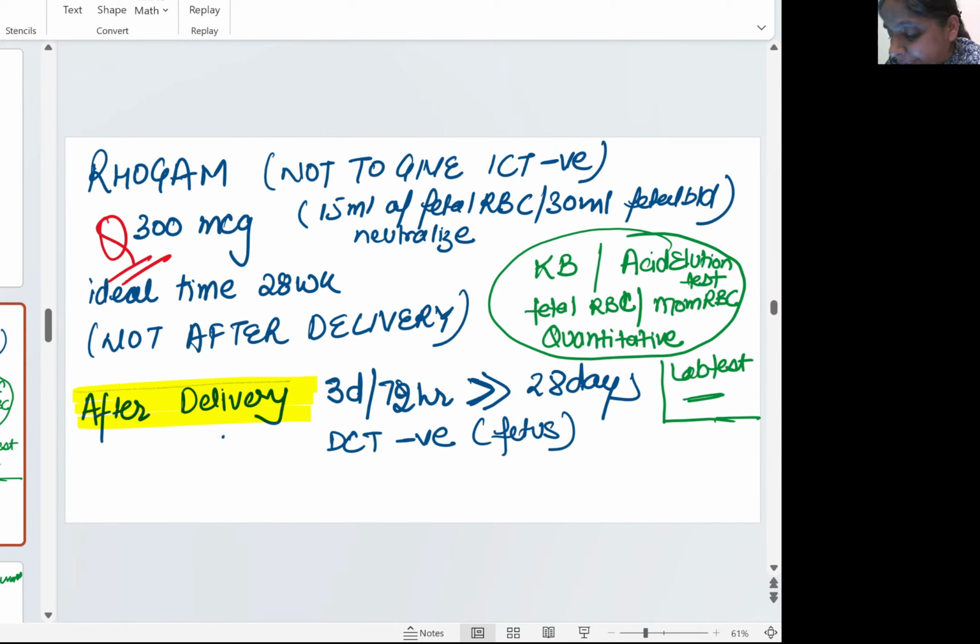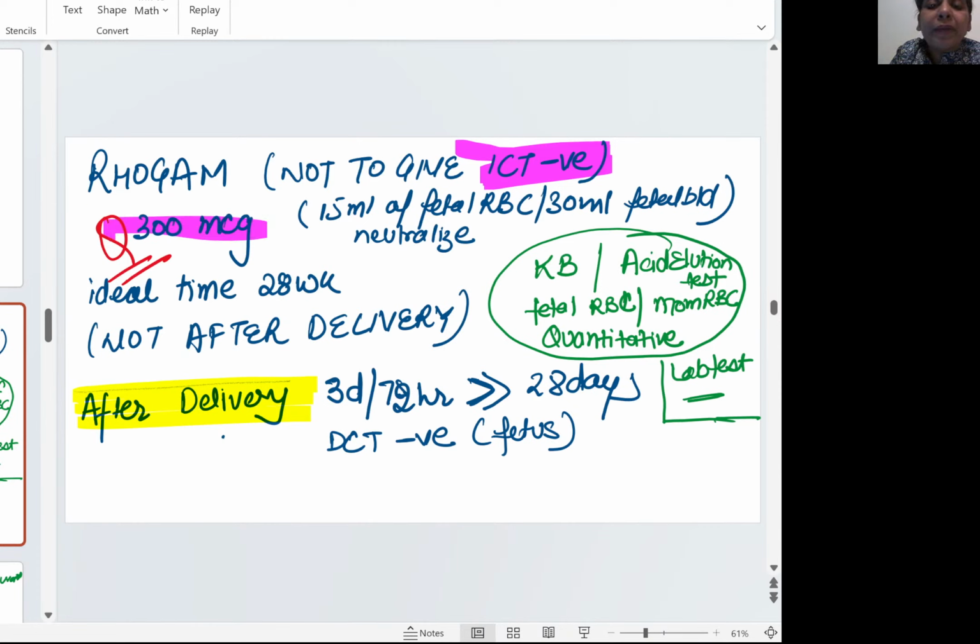Rogam is anti-D. We first test that the ICT is negative. If ICT is positive, it means the mother's body is making a large amount of anti-D. No need to give such a costly injection. So the dose is 300 microgram.